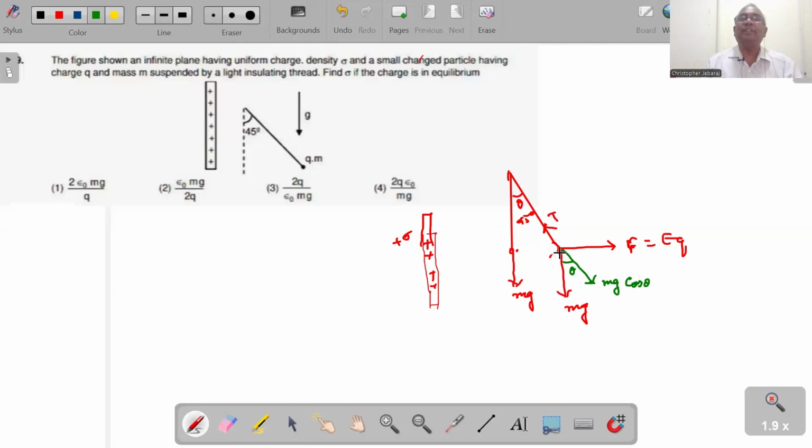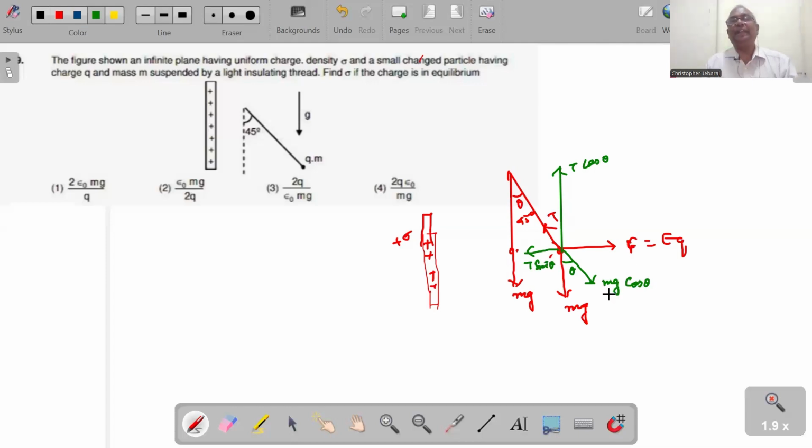We'll have one component like this, which is T cos theta. This one is T sin theta.